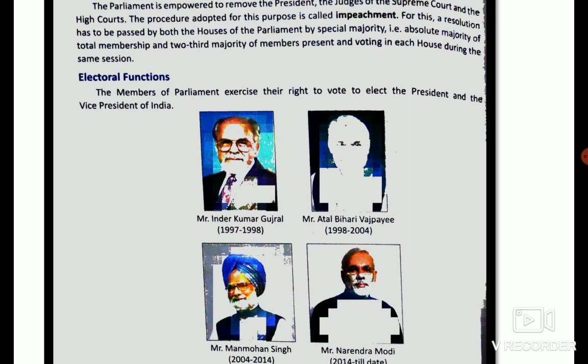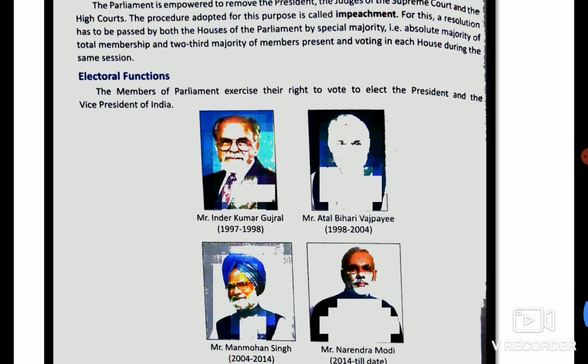When I give you the second project, we will discuss this, and this will be a sort of project work, and on that basis your internal assessment will be done. But you should know the list of all the Prime Ministers of India till date. So this is all about the powers and functions of the Union Parliament.